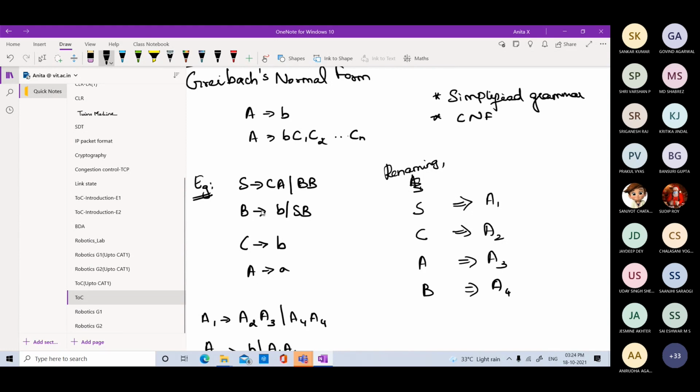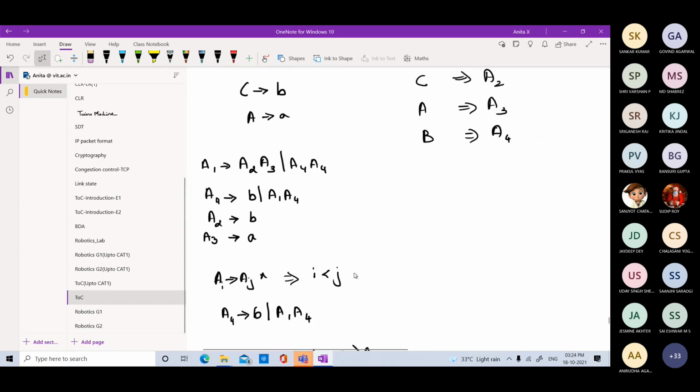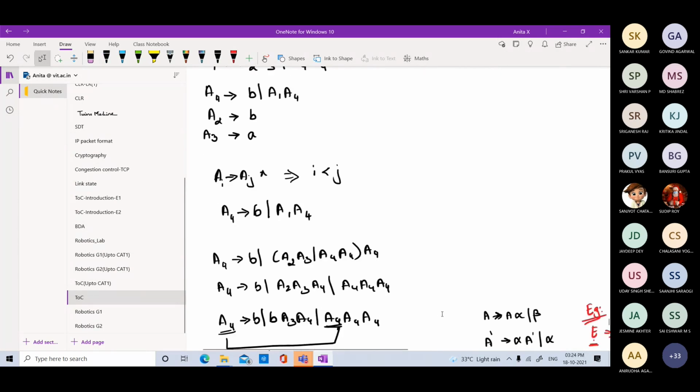Any form you can rename, but then you have to make the appropriate updations. Here we are just renaming as A1, A2, A3. Then we have to check for this condition. If this condition is not satisfied, we have to make the appropriate updation. So how are we going to perform the updations? Here we can see there is a deviation.